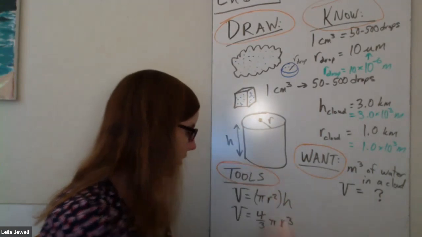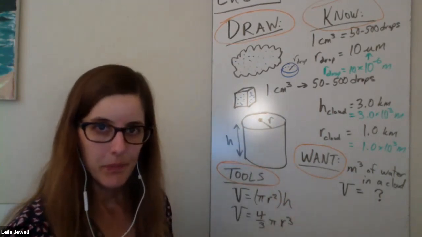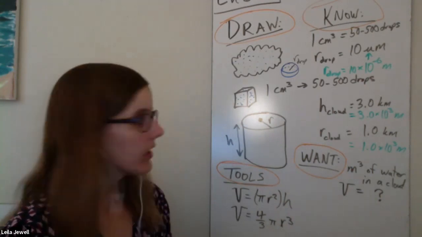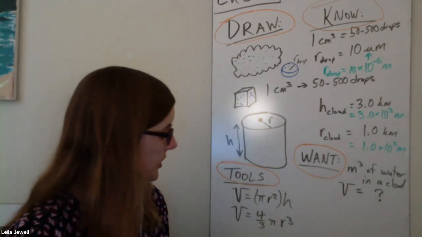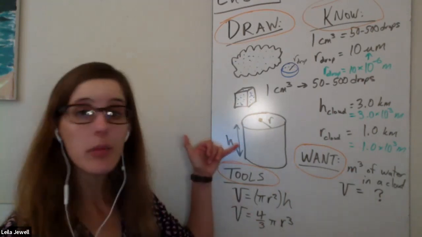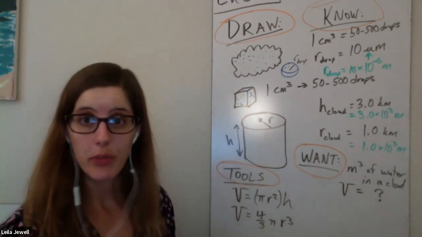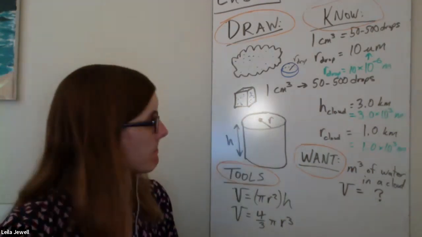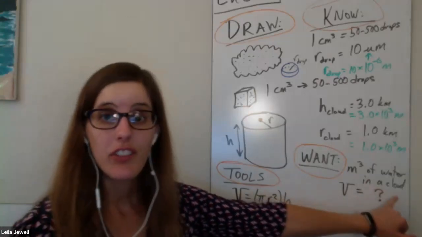With the tools section, we're really thinking about how, right? How are we going to get from point A to point B? And that's where we can look at this and say, okay, well, we can find the volume of the cloud. That just tells us how much total volume there is. We want to get to the volume of the water of the cloud, right?